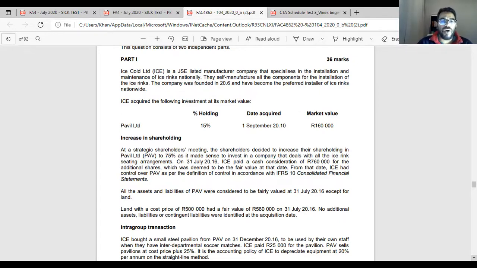Okay, so Ice Cold is a JSE listed manufacturer company that specializes in the installation and maintenance of ice rinks nationally. They self-manufacture all the components for the installation of the ice rinks. The company was founded in 2006 and has become the preferred installer of ice rinks nationwide.